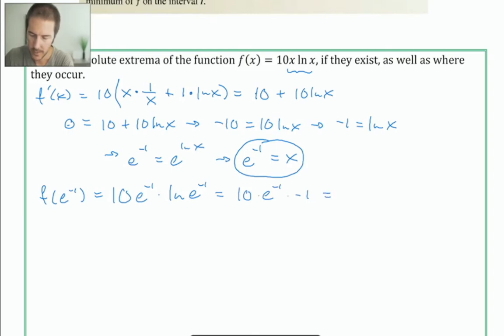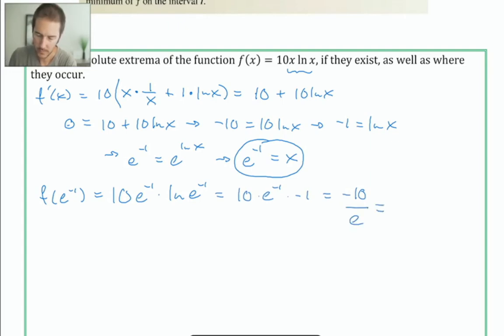And if we simplify, it's not a lot of simplification, just clean it up a little bit. We could write this as -10 times e to the -1st power, or we can write it as -10 over e, whichever you prefer. I think I'll write it over e.